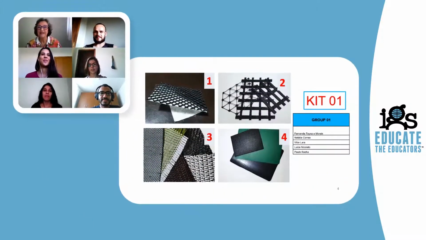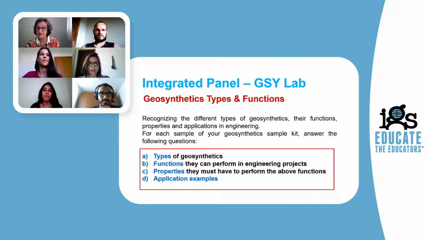You receive the kit 1 with 4 different types of geosynthetics: 1, 2, 3, 4. Now we have 50 minutes to discuss about them and find the answer to the questions.